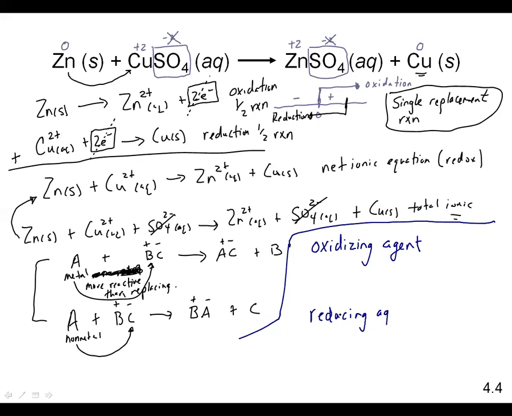Now, the oxidizing agent or the reducing agent are not the things being oxidized or reduced. The oxidizing agent is actually the thing that gets reduced. So the thing that is going through reduction on the reactant side is the oxidizing agent, while the reducing agent is the thing that is getting oxidized.